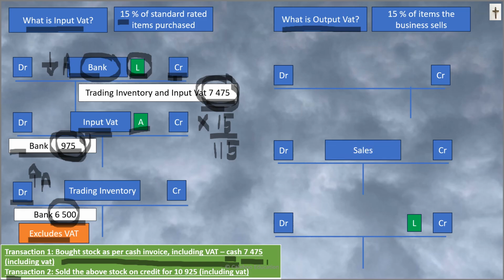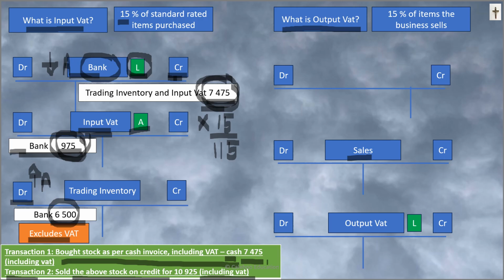Now the next transaction, we're going to sell the stock on credit for 10,925. This amount, the selling price, includes VAT. So the first account is sales.